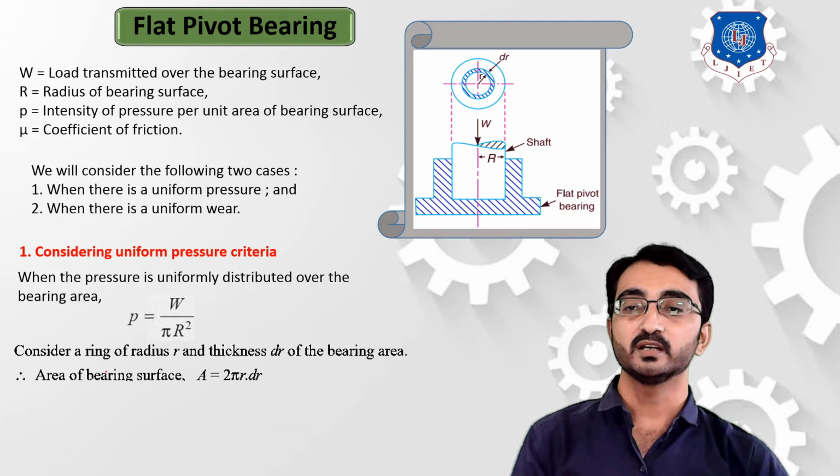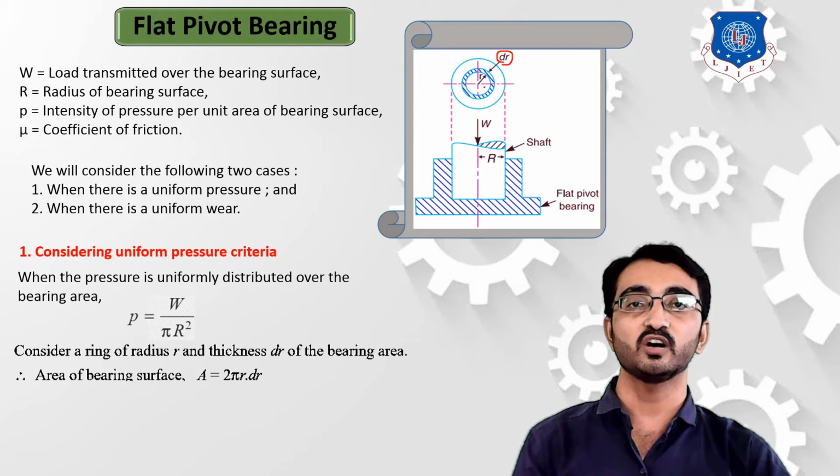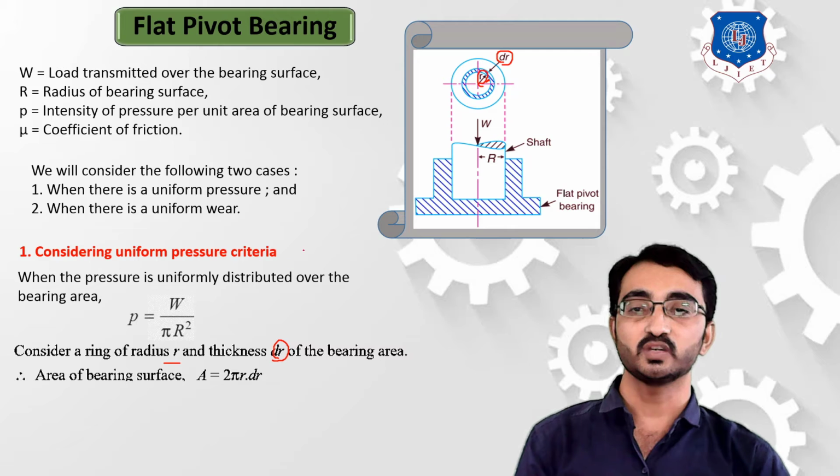So over here we can consider a small ring segment. Let's consider a strip of thickness dr, at a small radius r, so a ring of dr thickness at a radius distance of r from its center.